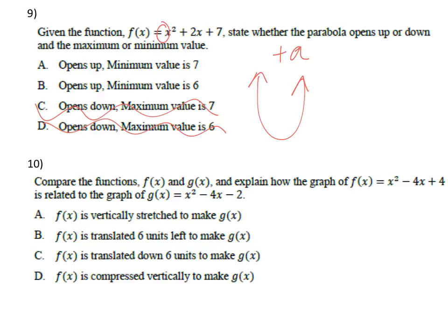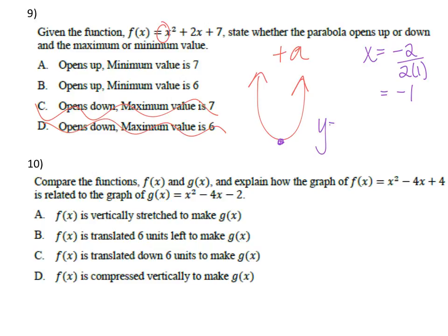So, to be able to find your vertex, I'm going to have to do my negative b over 2a. So I get a negative 2 over 2 times 1, which ends up being negative 1. So if my x is negative 1, let's plug that in.